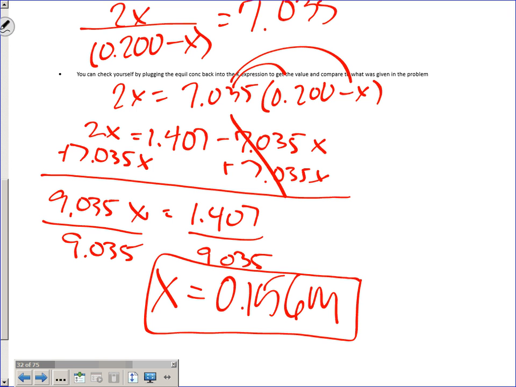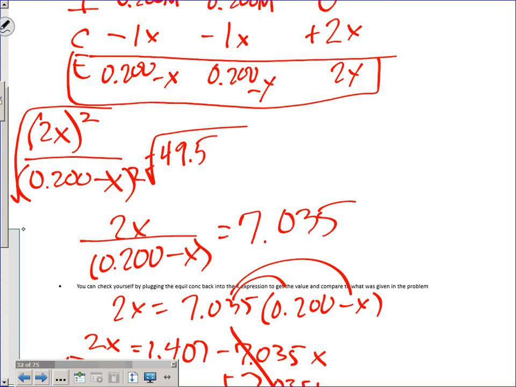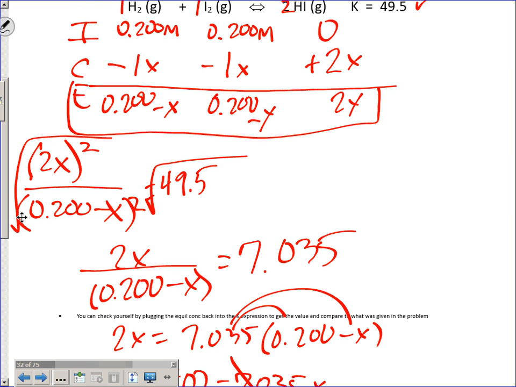Is that our answer? No. That's my x. Now we plug it in, right? So what's 0.200 minus 0.156? And that's true for both of these, right? 0.044 molar, right?